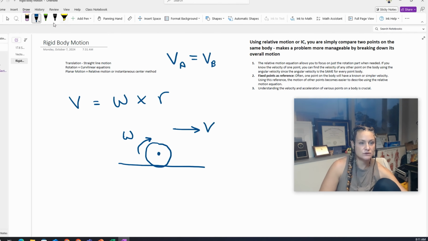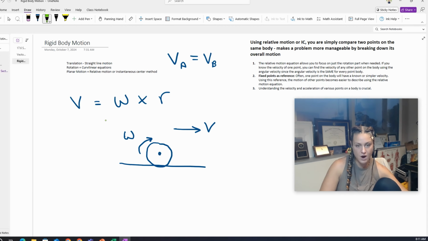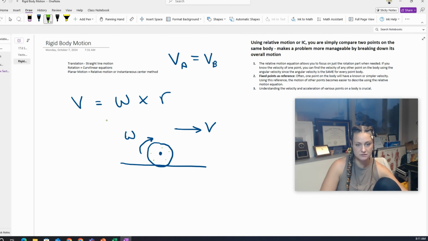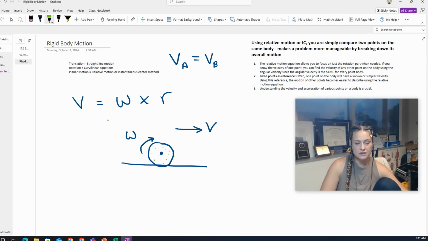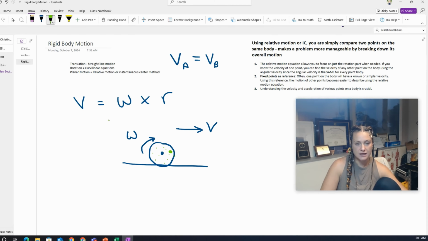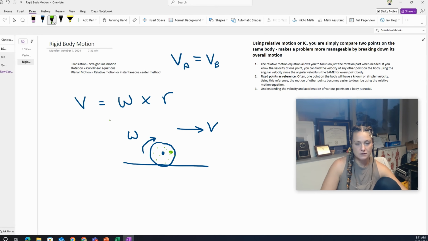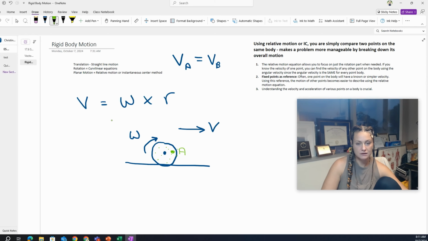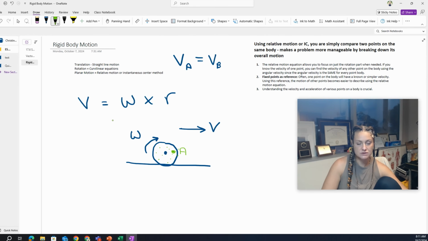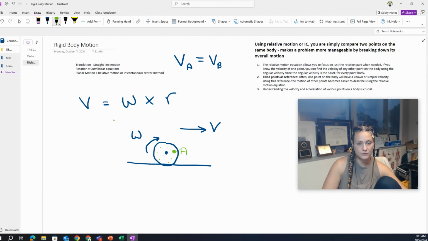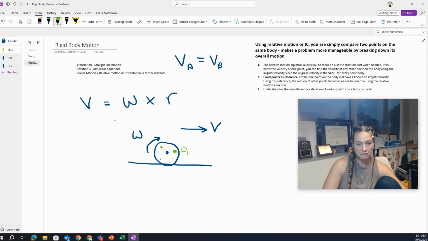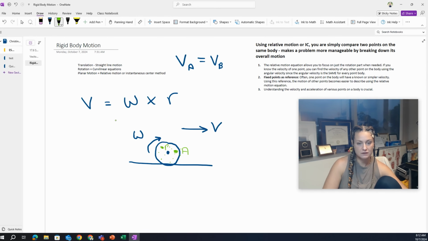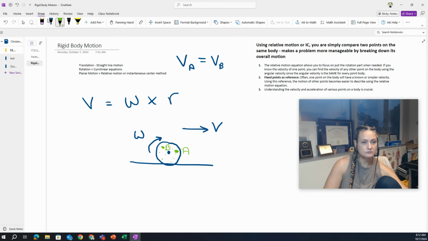And I want to say, because there's a bunch of particles within here, that I want to compare, say, point A, and I want to compare it to point B. I'm picking two random ones.